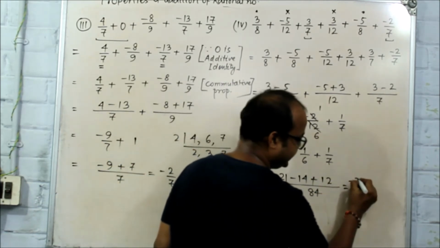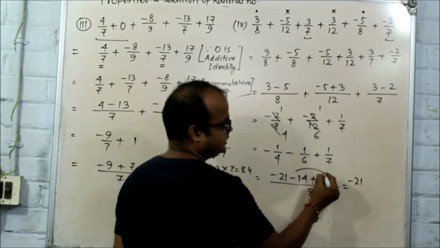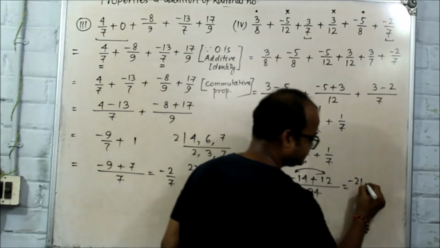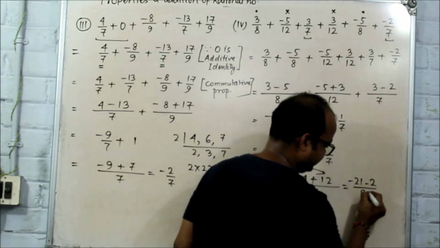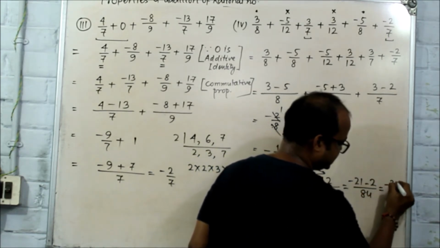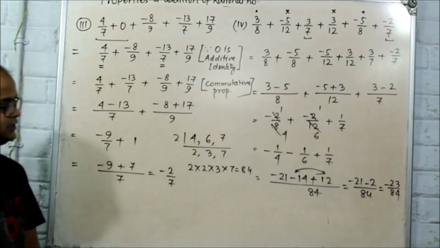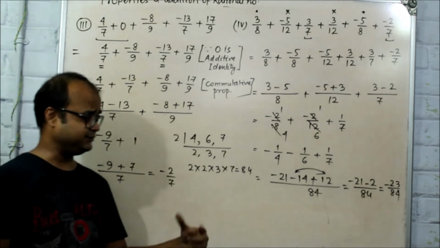So minus 21 minus 14 plus 12 is equal to minus 23 by 84. So your answer is minus 23 by 84.